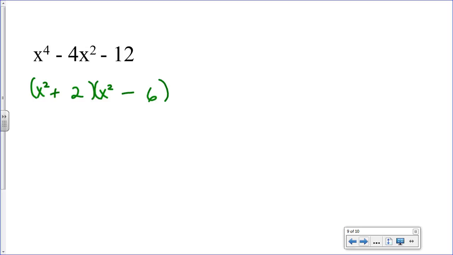No. You have to check for that if you see an x squared or a variable that's squared, if you have a difference of squares. Okay, questions about that? Okay. We have just a few more practice ones we want to do.